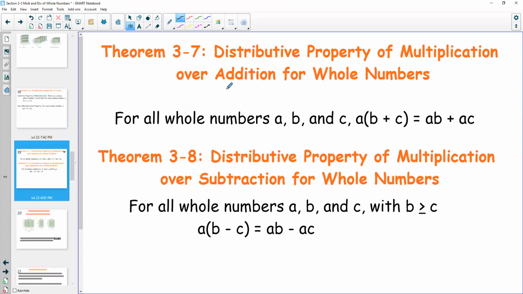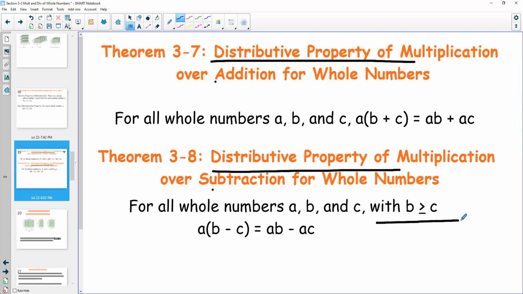The last one right here is distributive. Technically, the distributive property of multiplication over addition and over subtraction are different, okay? Because there's an additional rule here in the subtraction. But basically the idea is if I have A, B, and C, and I have B and C in parentheses, I can distribute the A to both.